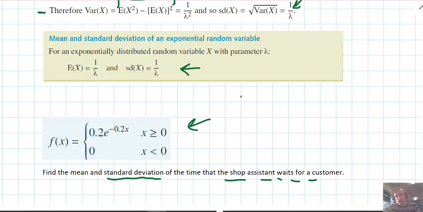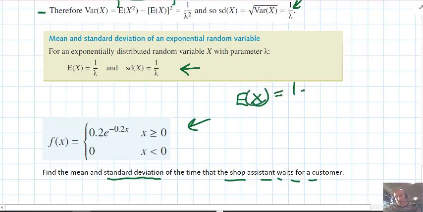All right, so the mean E of x is 1 on lambda, where that, remember, is modeled as lambda e to the negative lambda x. All right, so lambda is 0.2, so it's 1 over 0.2, and it's in minutes. Okay, so that's 5 minutes.